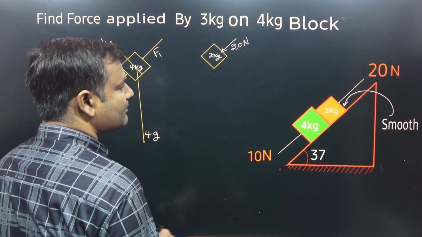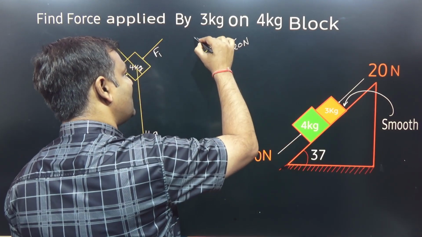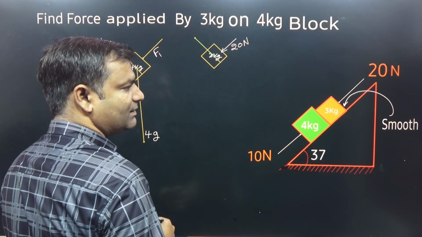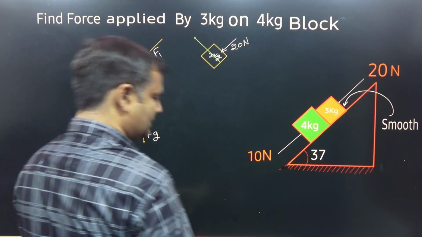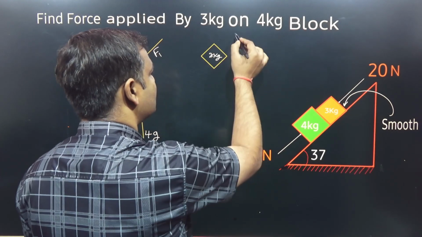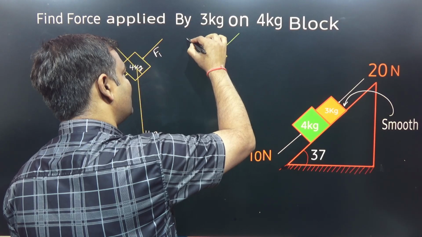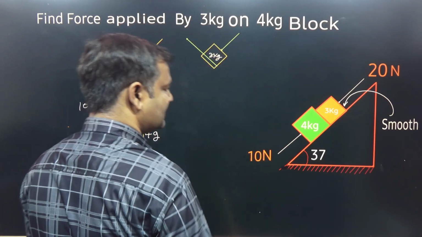The normal force applied by the inclined plane on the 3 kg block is represented like that.